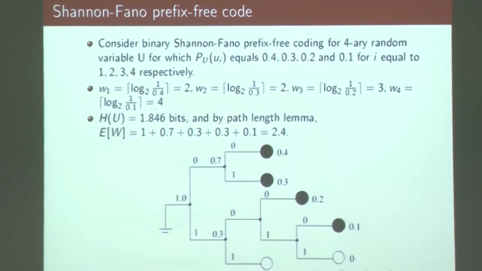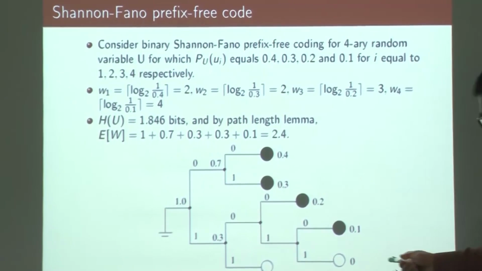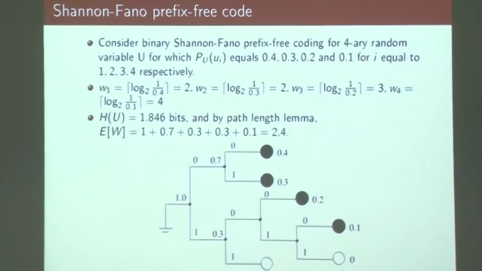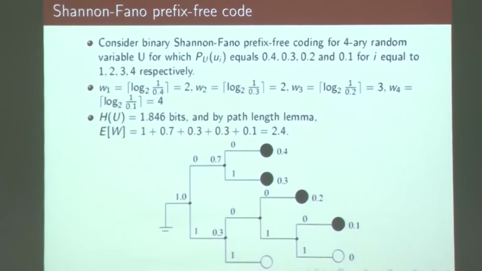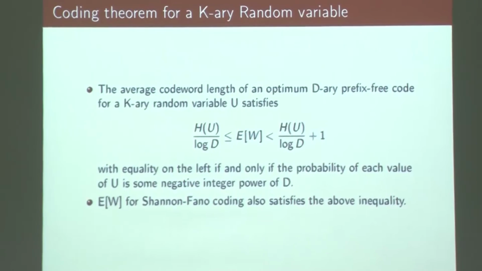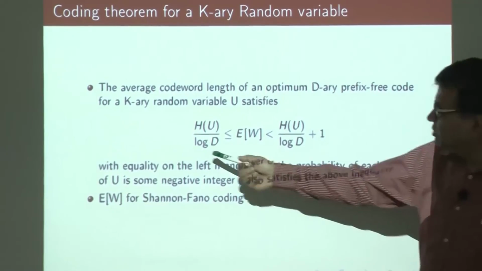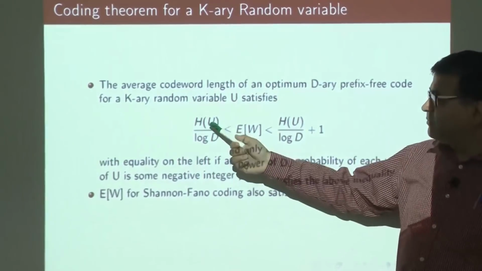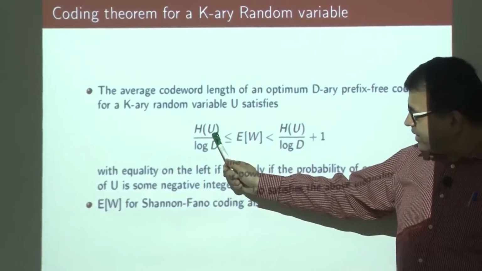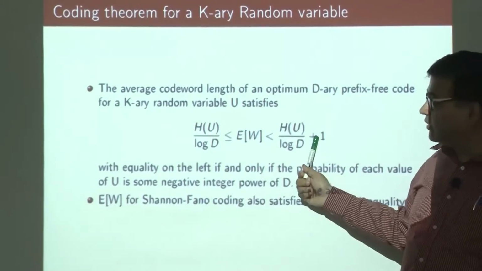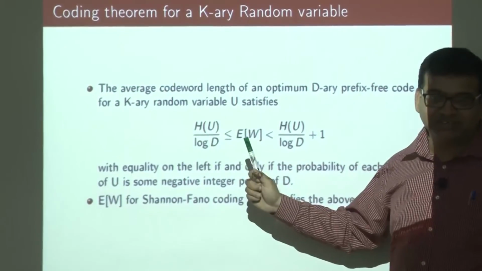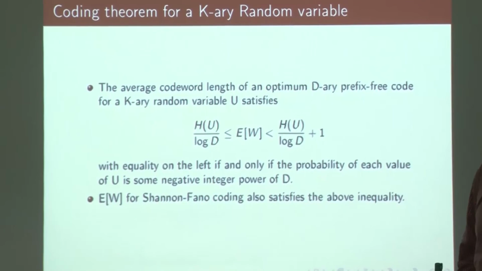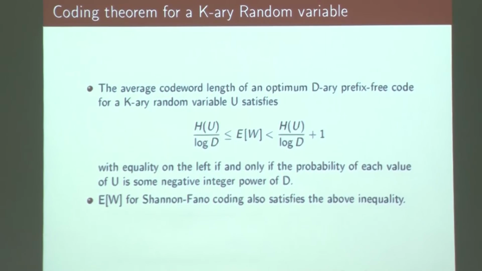Okay. Now you can see this is not an optimal code. In fact, I skipped this result. What we can show is that the expected code word length lies between entropy and entropy plus 1. So if entropy is very large, this code is fairly good, but if entropy is small, this code is not very good.